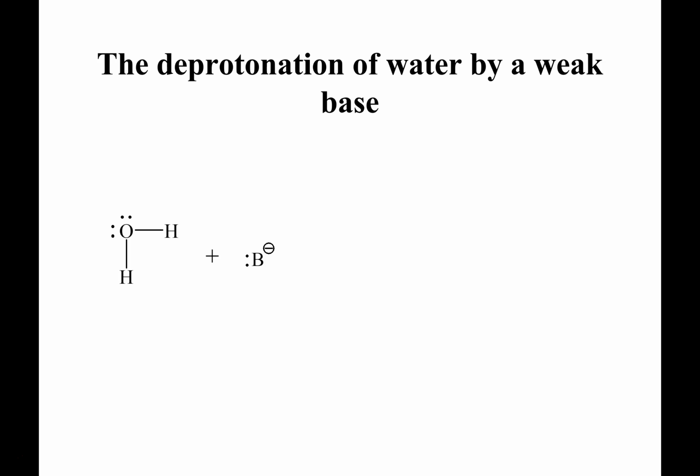So this actually is our weak base, our base. Okay, the water molecule. On the product side, not so surprising then. In equilibrium, you're going to see your HB, and the water molecule without an H plus is a hydroxide ion. This is your OH minus.